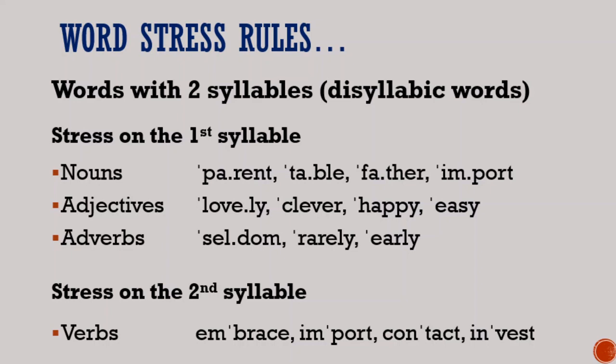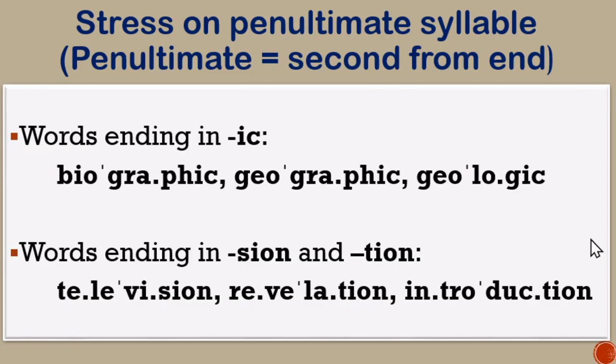And stress on the second syllable: he embraced his friend. We need to import more sugar. I called my friend. Would you like to invest in this new project? I hope you got some idea of how the stress occurs in disyllabic words. There are a couple more rules which we can keep in mind.